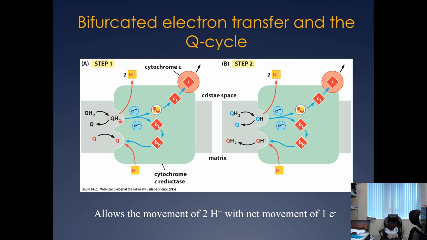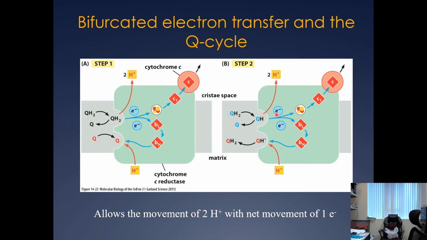And this reduced ubiquinone actually becomes oxidized. The 2 electrons leave, one goes to cytochrome C and one goes down BL, BH. Okay, and now you have this semiquinone here, and a second round occurs where another reduced ubiquinone comes in.